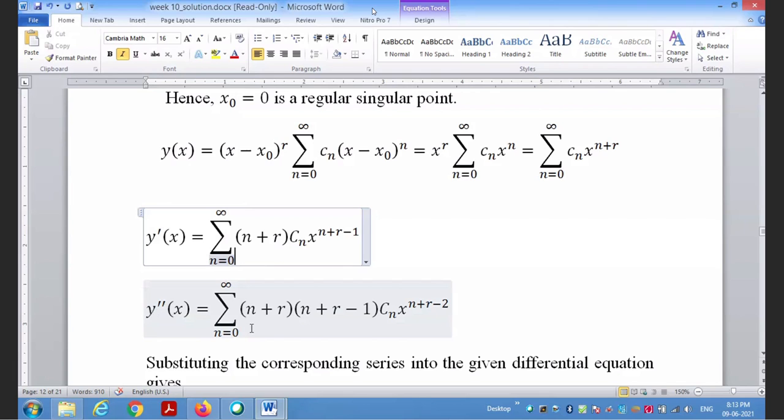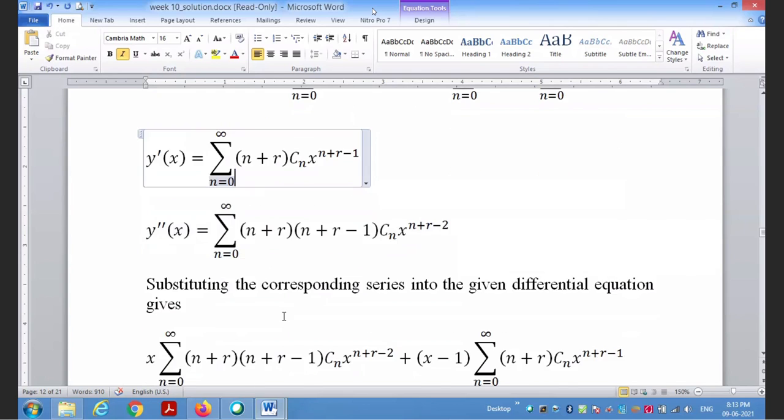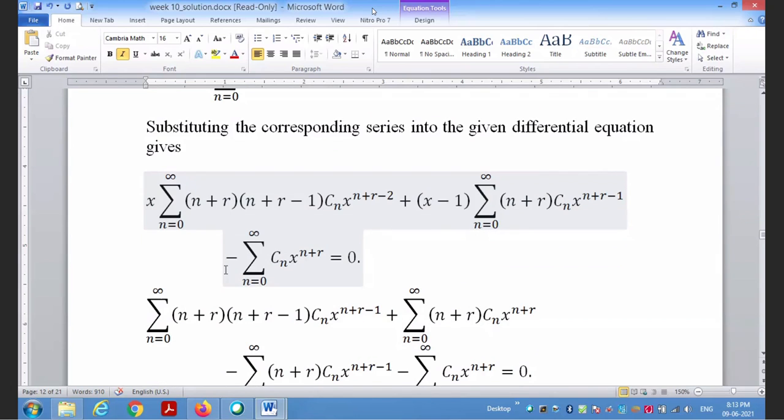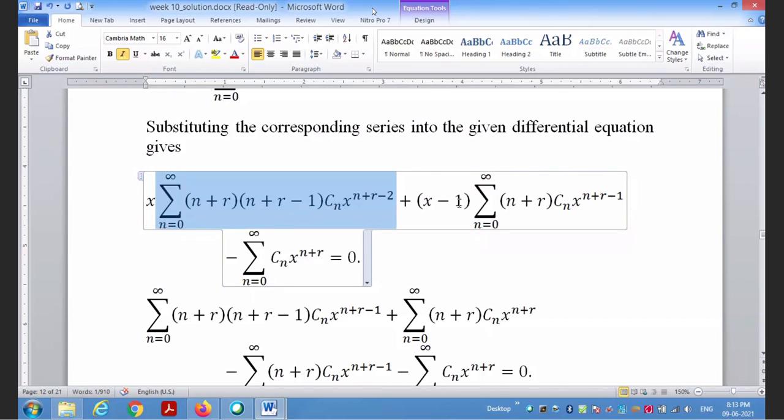So we have this, we have done this before, and we substitute. We use all the theorems and definitions. First we need to bring this x: x y double prime plus (x minus 1) y prime minus y. You just replace y double prime with the summation, here y prime and here y.